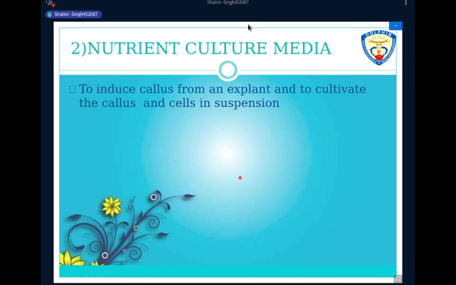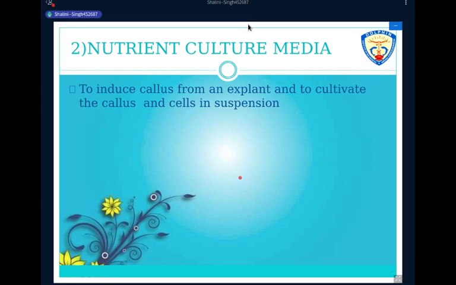Then comes the nutrient culture media. For the production of secondary metabolites, which medium will you use? First you have to induce callus from an explant, and then the callus is cultivated in suspension culture.